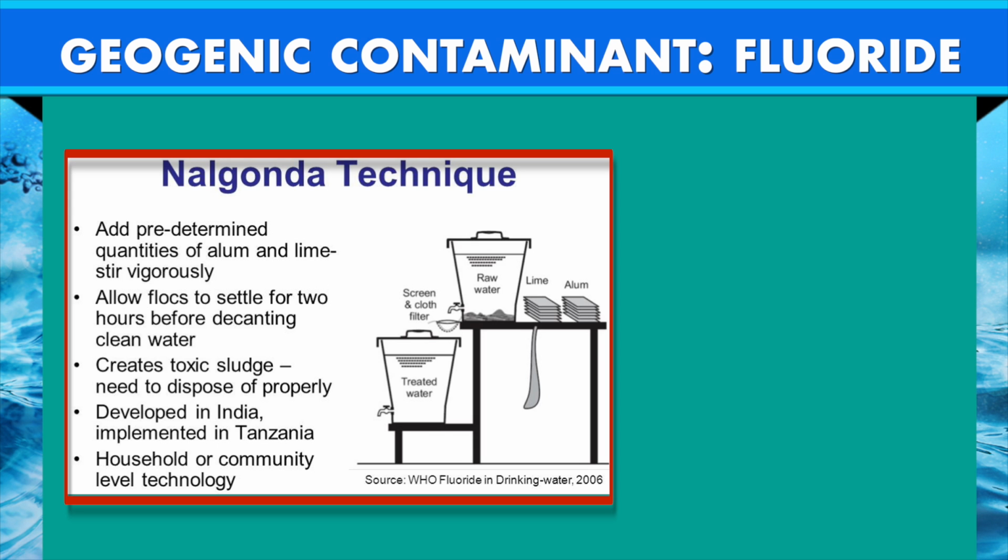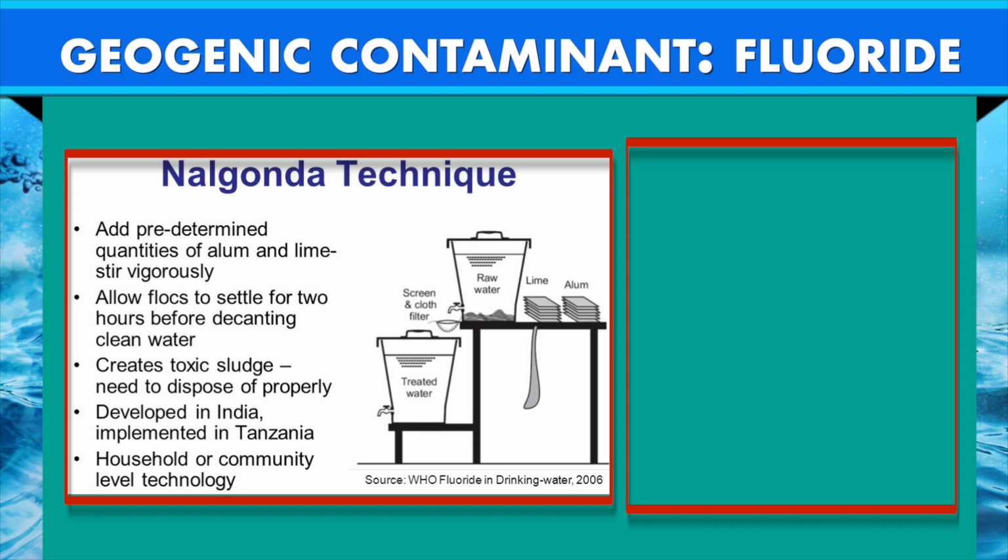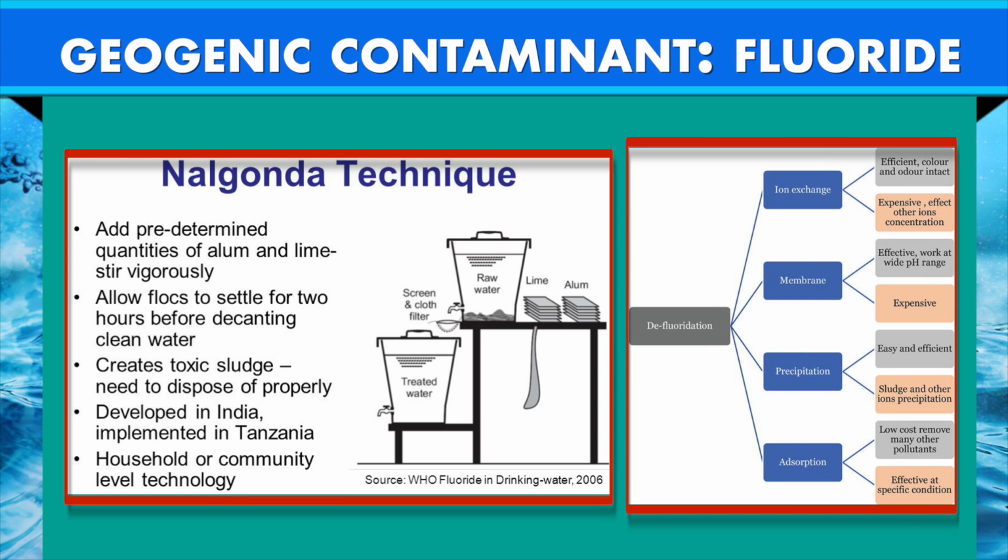Several methods have been advocated for defluoridation of drinking water. These methods can be broadly divided into two categories. First, those based on the addition of some material to water during softening or coagulation process, and second, methods based on ion exchange or adsorption process.